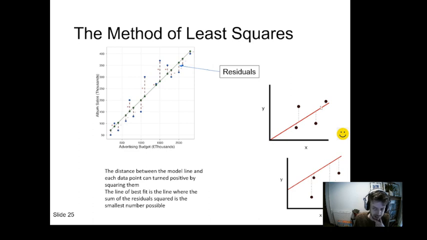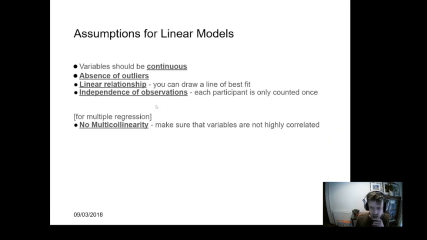In here, it's right in the middle, where that one cancels that one out, and that one cancels that one out. So the line of best fit is the line which goes through all the points where the distance between that line and the points is the smallest possible, and that's what regression basically does. It builds that line for you, and we call these distances residuals.